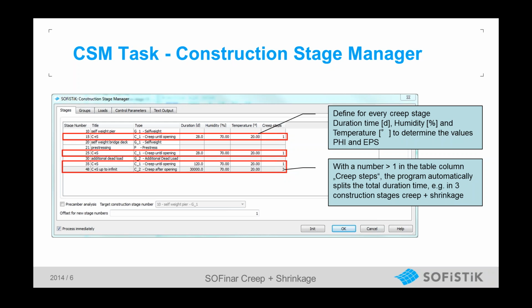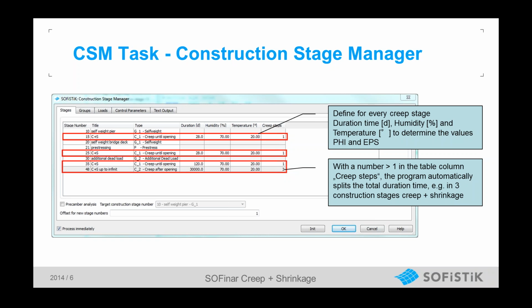Because, as you can imagine, if you have a duration time of 30,000 days, it's not quite useful to evaluate the creep and shrinkage effects by just one single creep step. So you see here the input of the number 3. That means the program automatically divides the duration time of 30,000 days into 3 different creep steps.